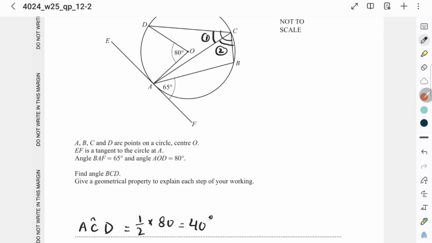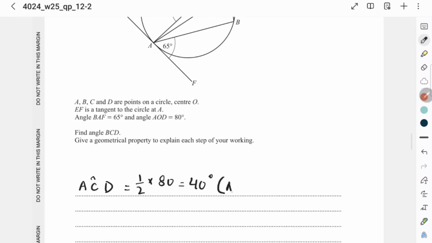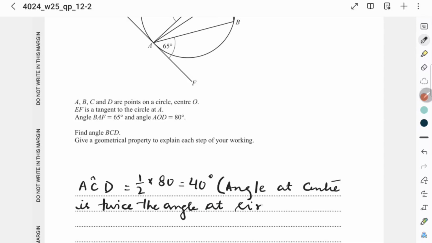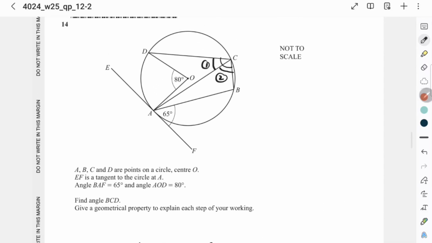And the reason is angle at center is twice the angle at circumference. The next thing, we found the first angle, which is equal to 40 here. The next angle is alternate segment.